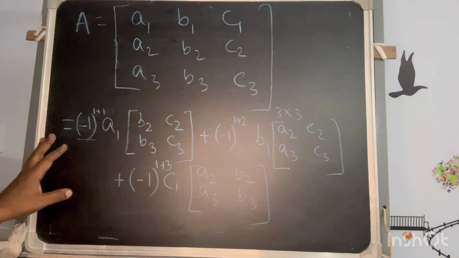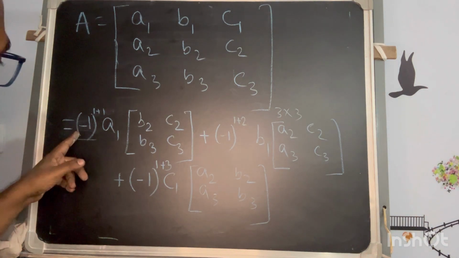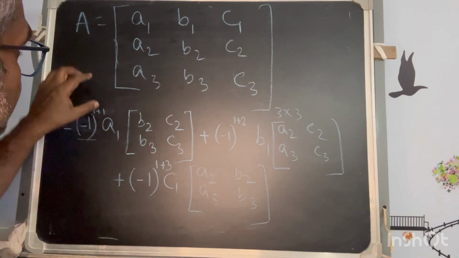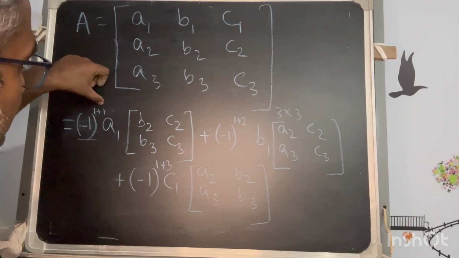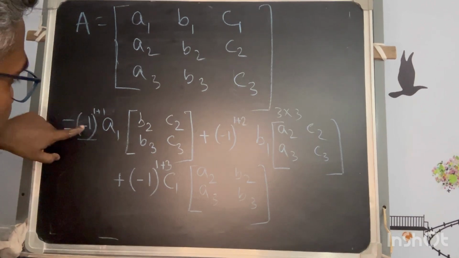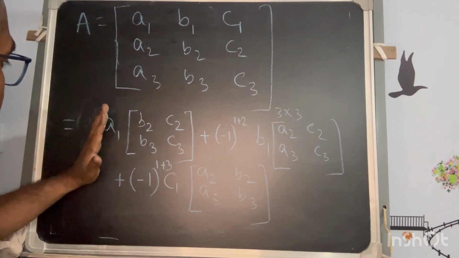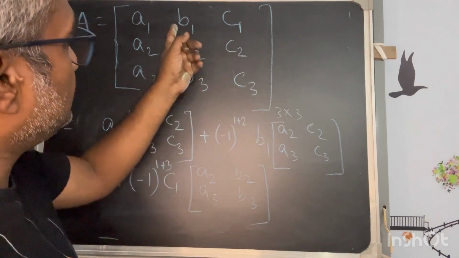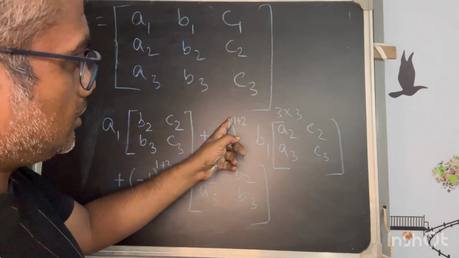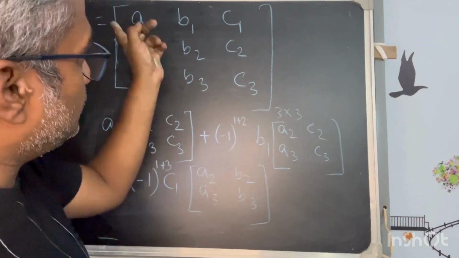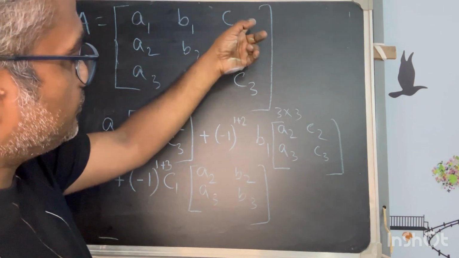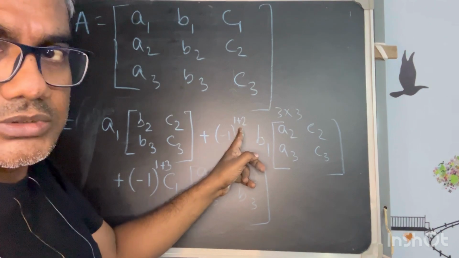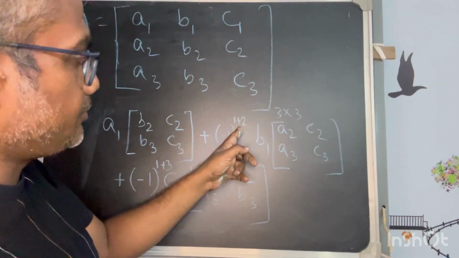Now you understand the sign. The first sign is -1 to the power i plus j; for the first position the value will always be 1 plus 1, so the first position is always plus, because -1 squared is always plus. For the second sign, the row stays 1 and the column changes to 2, so the sum becomes odd.